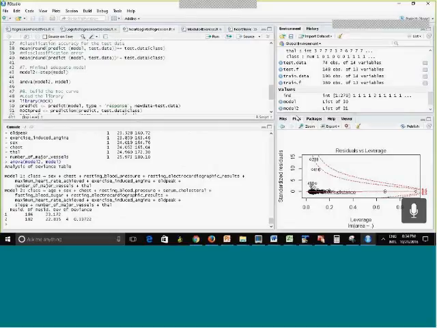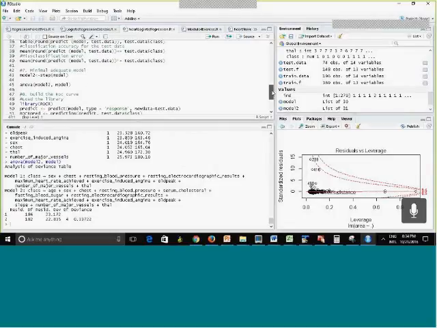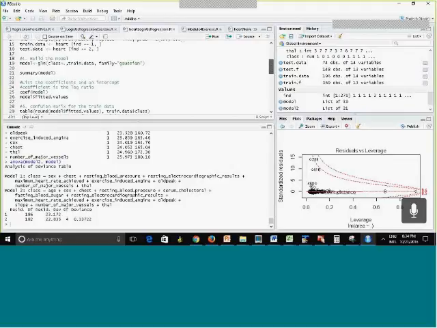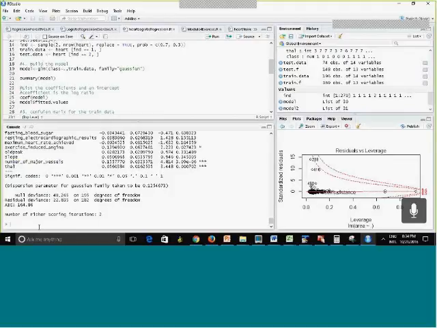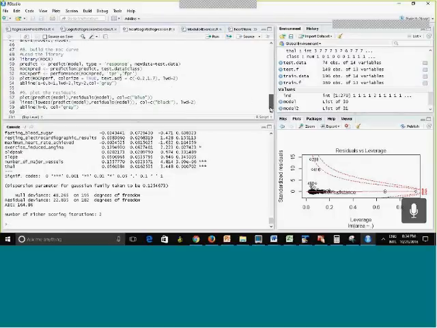So let me go back here. Let me run the summary command right here. See this? We look at these numbers, right? Since it does not fall in between any of these intervals, we can tell that the components removed are not insignificant, right?